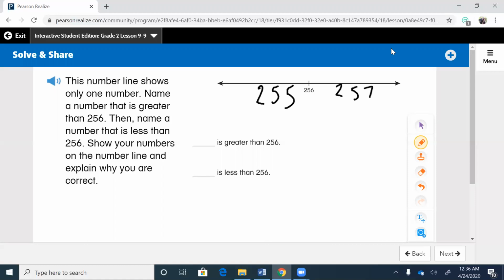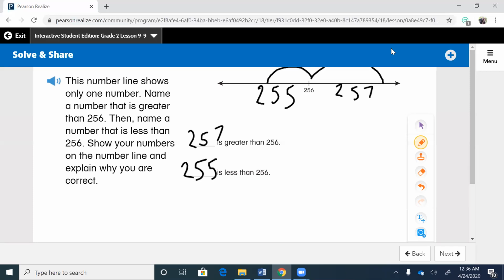Blank is greater than 256. What number did I put that is a bigger number than 256? All you have to do is just look after, and it's 257. Blank is less than 256. Let's go the other way, 255.